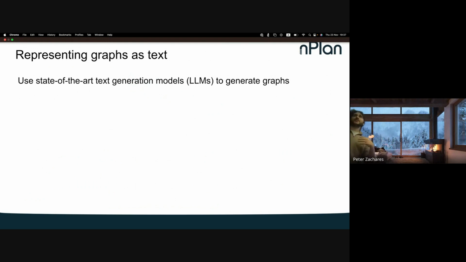And at NPlan, the programs that we're dealing with are massive. I've seen programs that are 150 or 200,000 tokens in length, which is a really long sequence. So we were just trying to take advantage of models that were able to generate large sequences by going down this route.